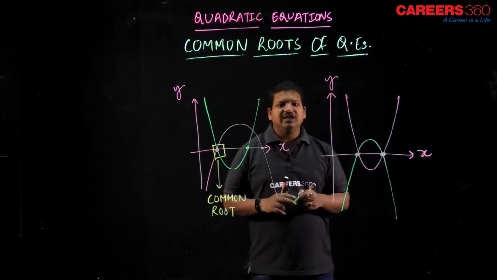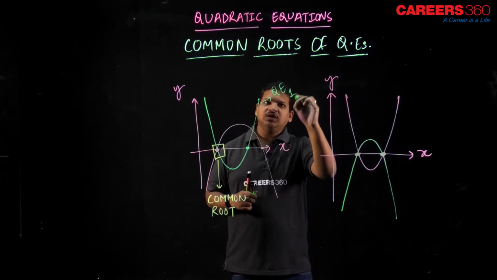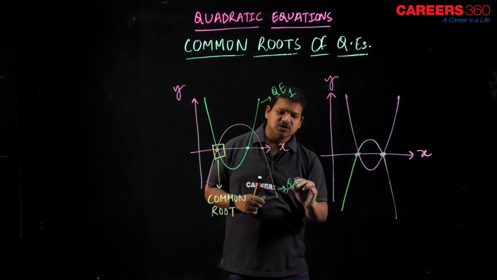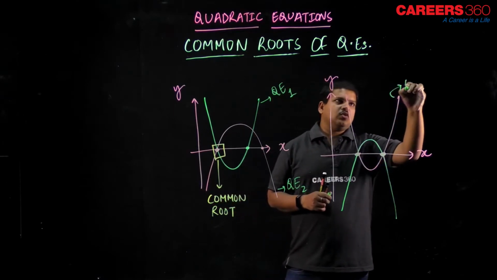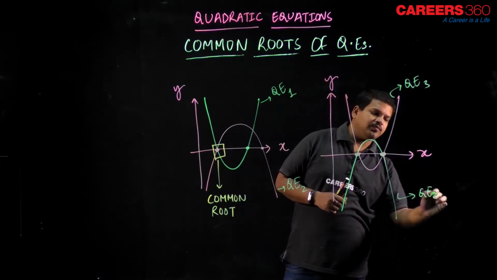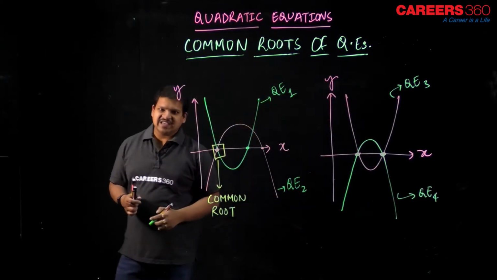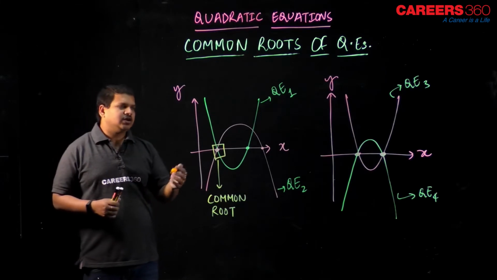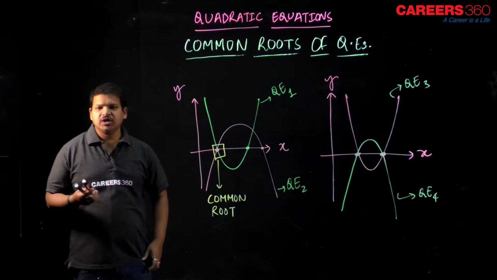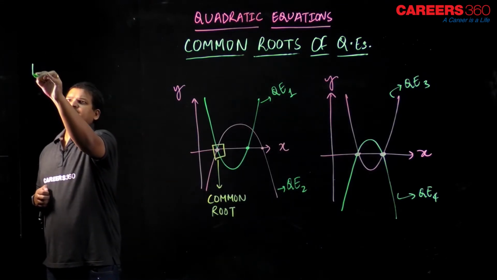So any of the case can occur. See, let's say this is quadratic equation 1, this is quadratic equation 2, this is quadratic equation 3, and this is quadratic equation 4, right? So both of the cases can occur. That is, if I talk about common roots of quadratic equation, then mainly two types of cases can occur.